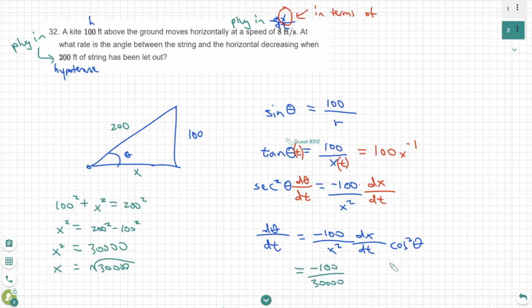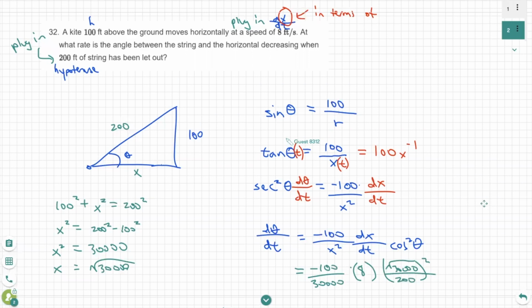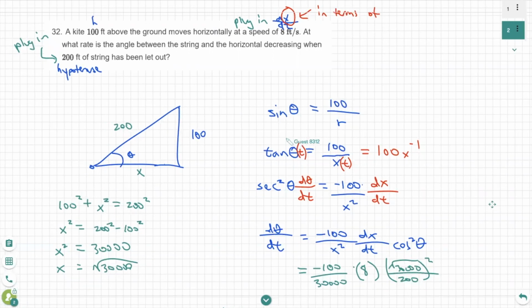Yeah. And then times 100 over 30,000, and dx over dt is 8. And then we would just do that math. That would be our d theta over dt. Yeah, I think that should be good.